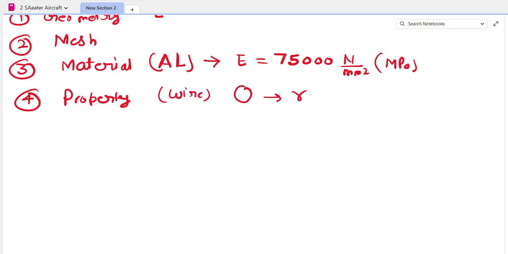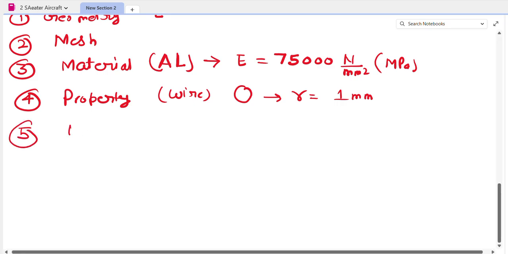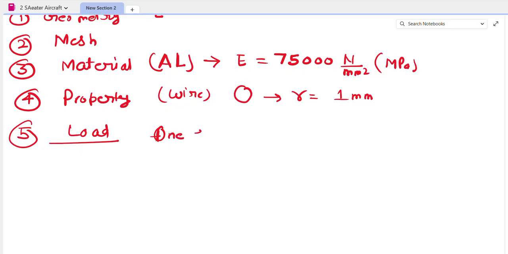For that I need the radius, that is 1 millimeter, because the diameter is given as 2 millimeter. Fifth, we apply the load. One end I will fix, and at the second end I will apply the load.